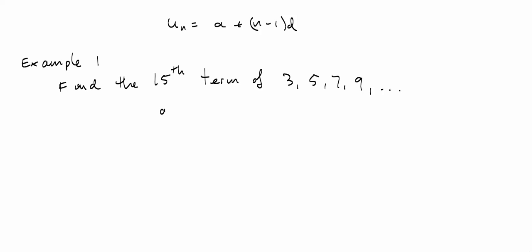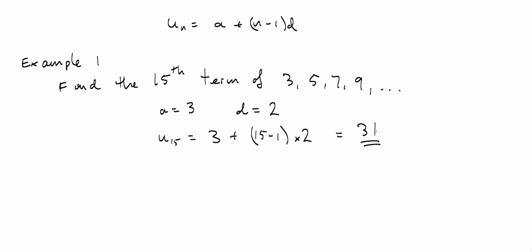The first term a is 3, and the common difference d is equal to 2. So u15, using the formula, is a, 3, plus n minus 1, that's 15 minus 1, times d, which is 2. And that is 15 minus 1 is 14, times 2 is 28, plus 3, 31. So the 15th term is 31.